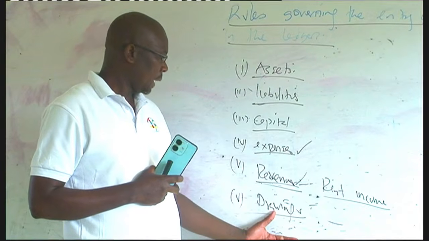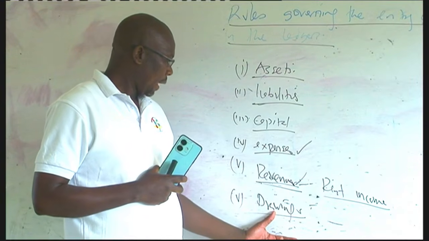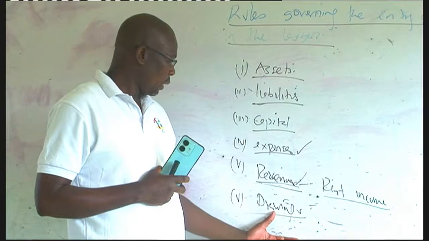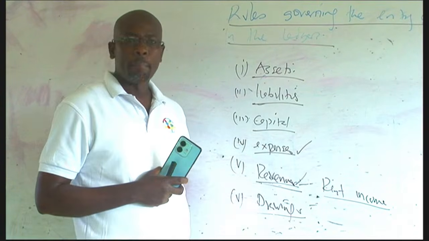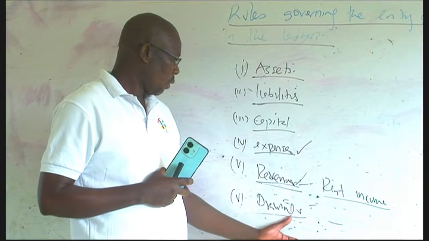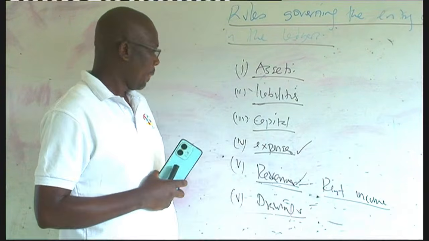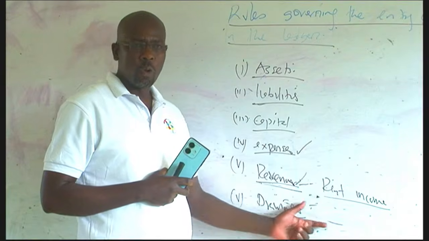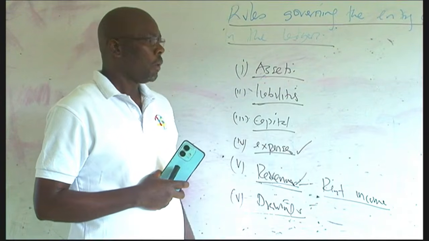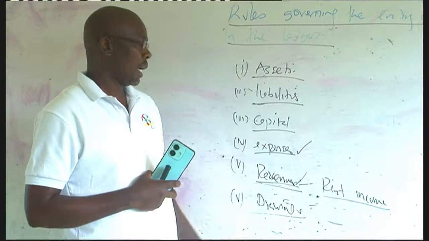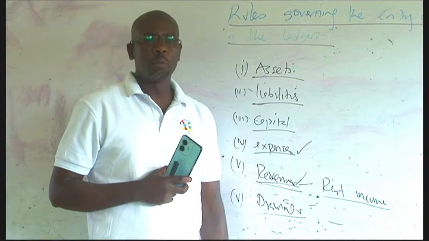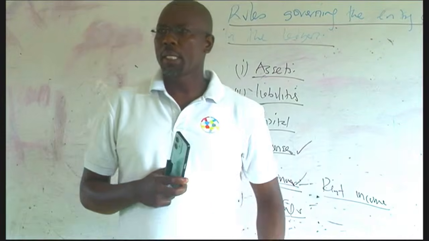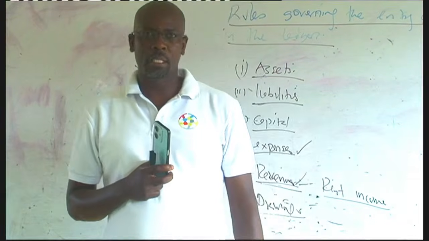In this case, the rule says any transaction that will increase drawings will be debited, while a decrease in drawings will be credited. So we'll always debit drawings in the books of accounts. Now, basically, these are the rules that we'll be able to use when we are making entries in the ledgers.